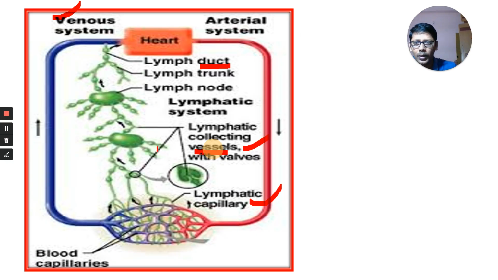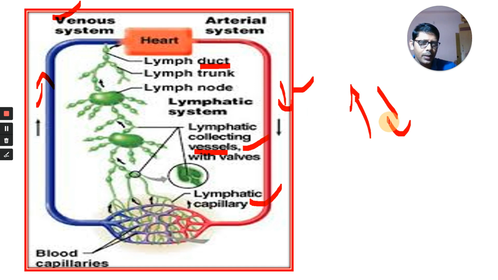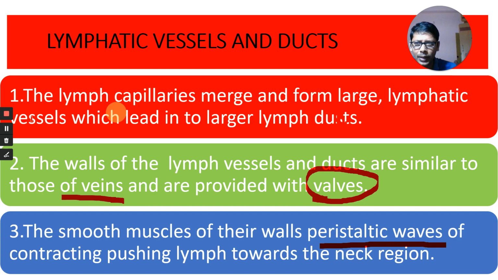Observe here, this blood is going upward, here blood is going downward, so it is flowing bidirectionally. But lymph flows only in one direction. You can see the arrow marks here showing unidirectional flow. That's about lymph capillaries, lymph vessels, and lymph ducts.